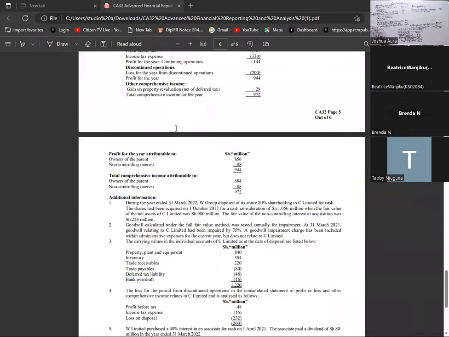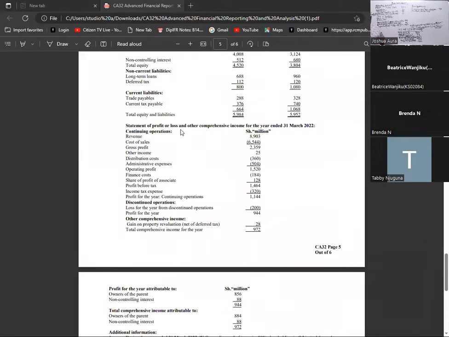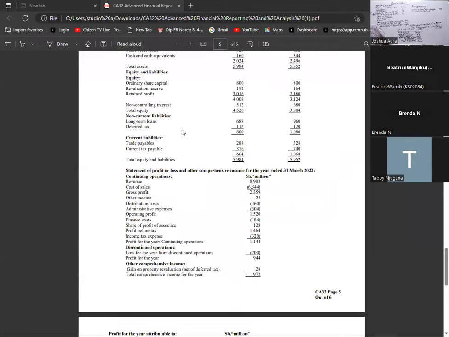If you look at non-controlling interest, we have here 680. So NCI at the beginning, we have 680. Don't forget, 680 minus NCI at the end, which is 512.